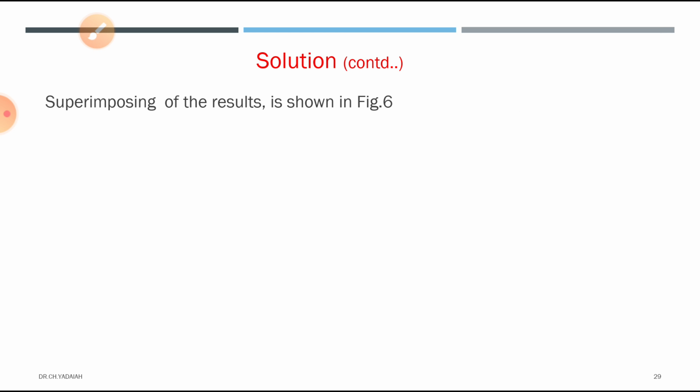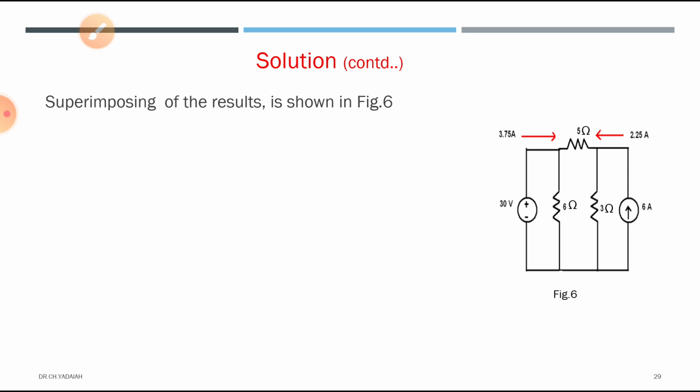Now superimposing the results from the current source and voltage source with directions. Now you can see the 5 ohm. The current due to the 6 ampere current source is 2.25 amperes from right to left.